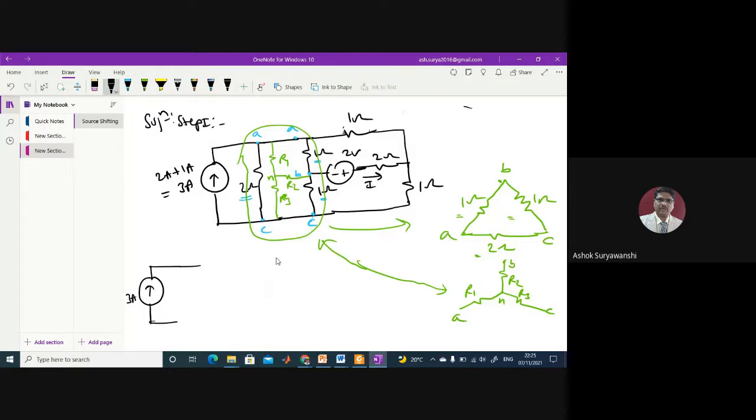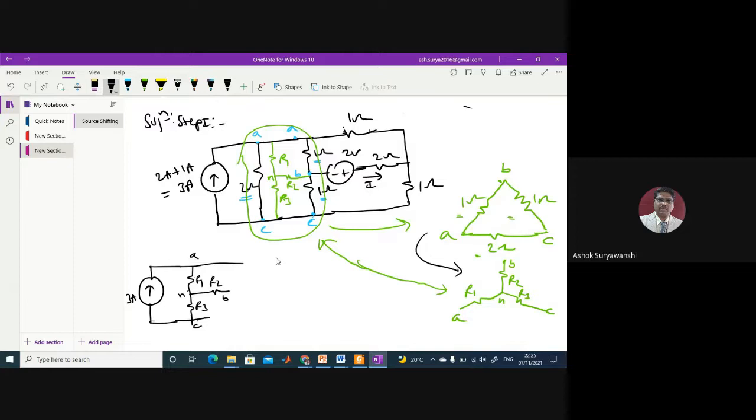Then after conversion of delta to star, I'll get R1 here, R3 here, R2 here. This is my neutral point. On the top A, on the bottom C. Here it is B point. And then this 1 ohm, 2 ohm, and 1 ohm disappear because that is converted into star. So this is your star combination.